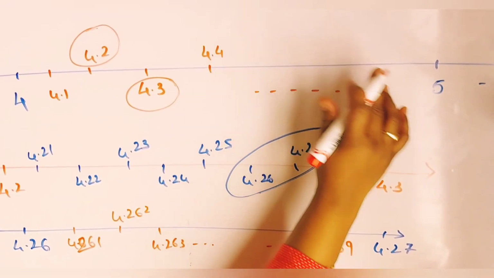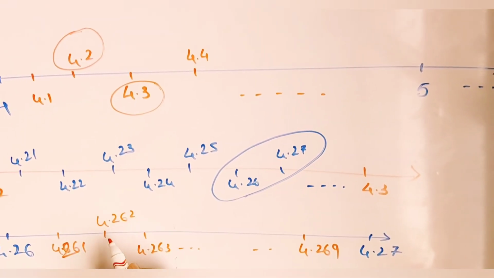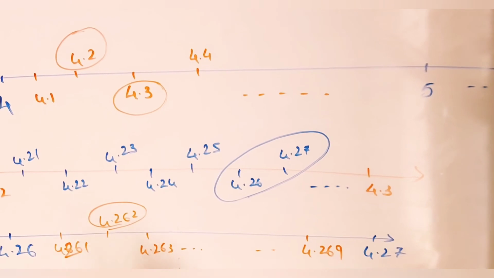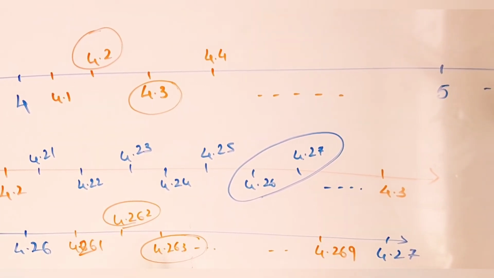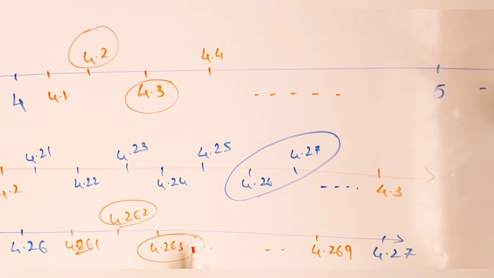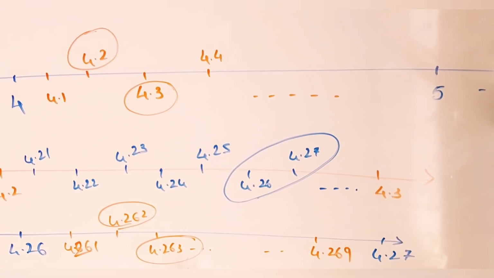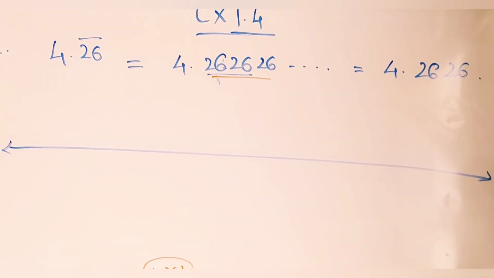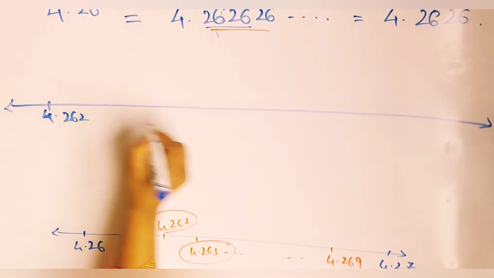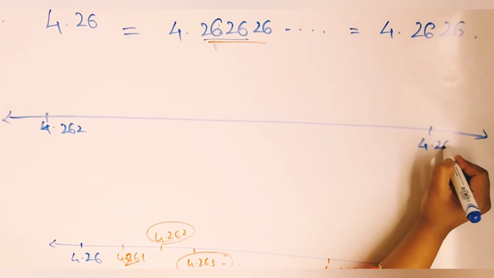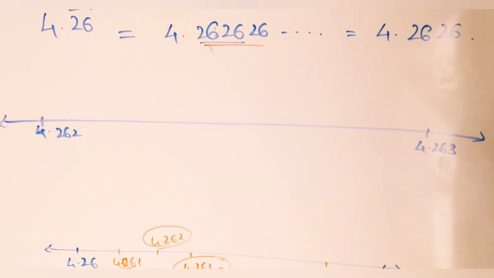Now our number is 4.2626. We got 4.262 here and 4.263 here. We will magnify these two numbers, children. 4.262 and 4.263, children.